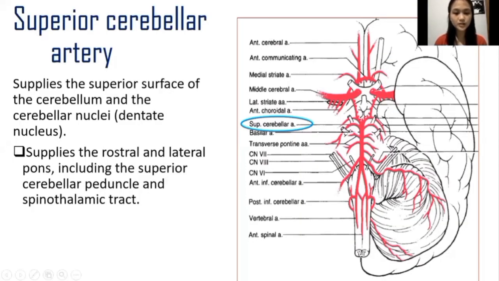Another branch is the superior cerebellar artery. Before the basilar artery divides into its terminal branches, it gives off this artery. This artery then emerges in the lateral direction, caudal to the oculomotor nerve, or what we call cranial nerve 3.